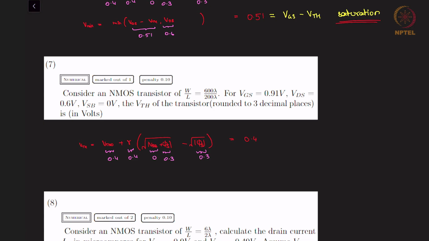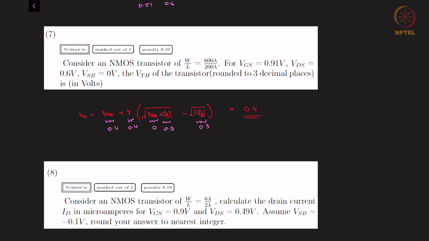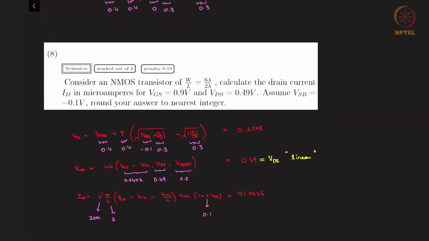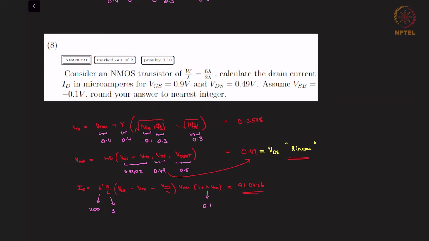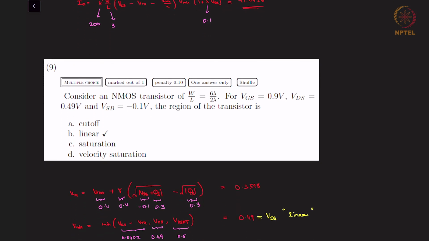In question 7, again VSB is 0, so therefore we have a value of 0.4 for the VTH, right? But over here, if you see, the region came out to be linear because VDS was the minimum, and correspondingly here is the current value, right?